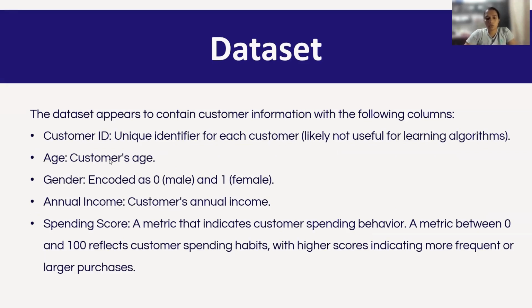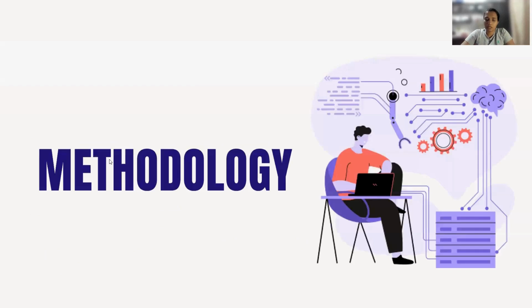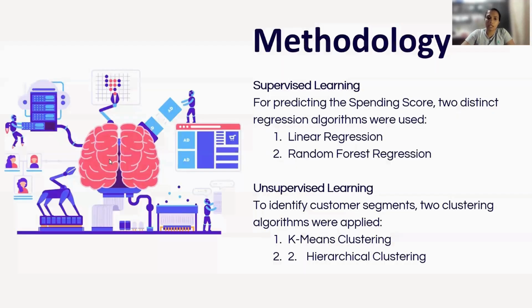Let's talk about the dataset. This dataset contains customer information with the customer ID, age, gender, annual income, and spending score. Next, about the methodology.